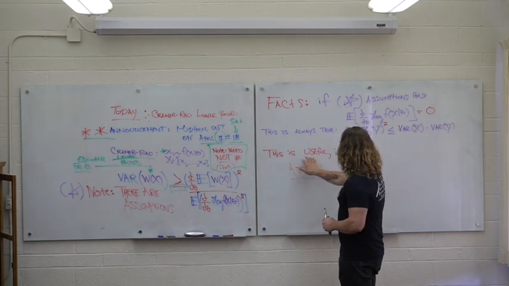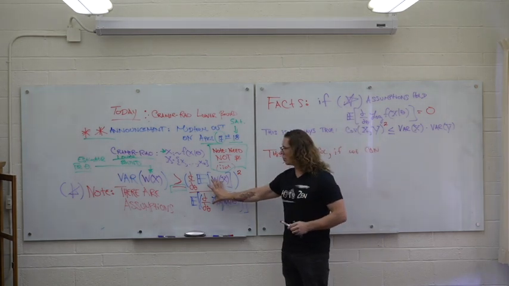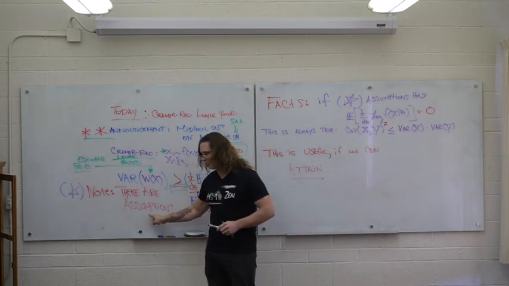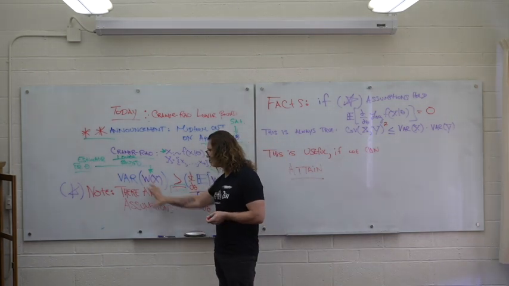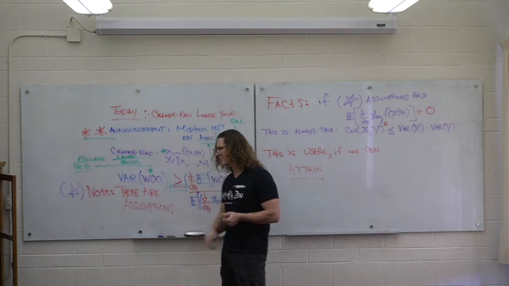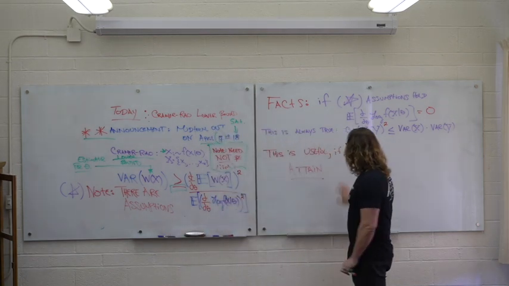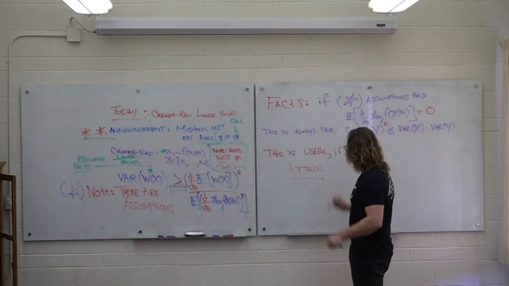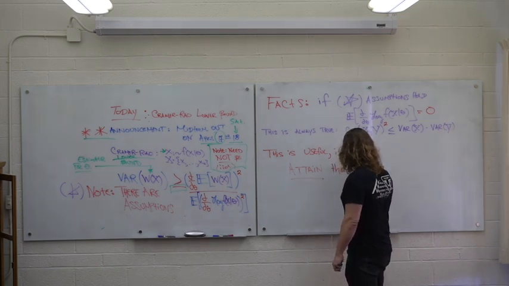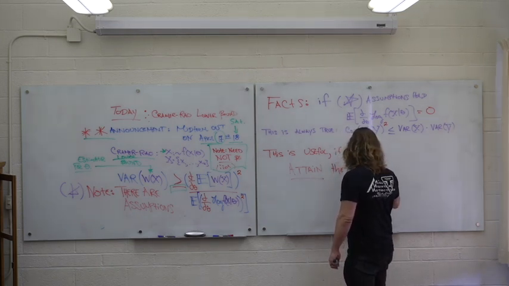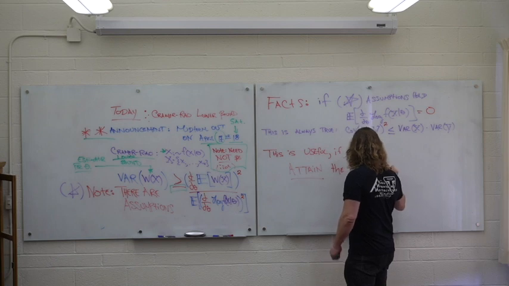Okay, so this is useful, this bound that we're going to establish, and I'll point out there are assumptions. I don't want to cloud the conversation yet. Sometimes this does not apply, and I'll tell you what the assumptions are. But this is useful if we can attain the lower bound. And I'll explain that just a little bit more.